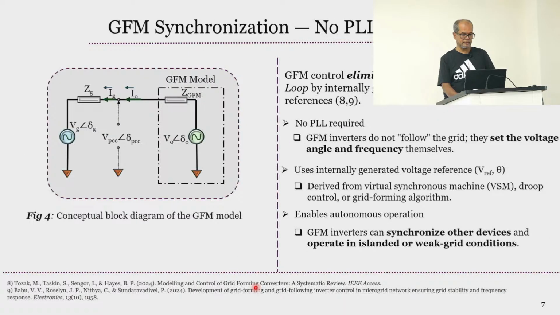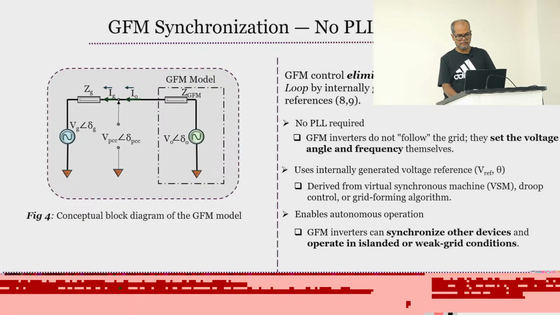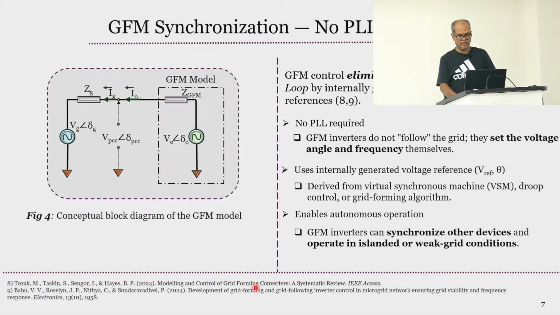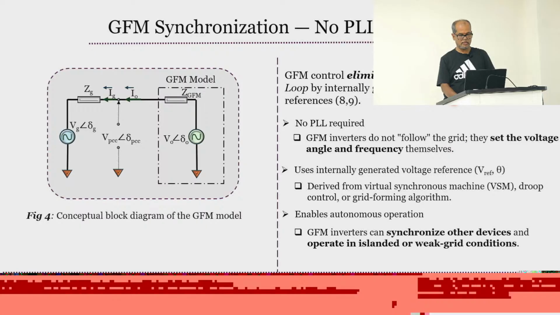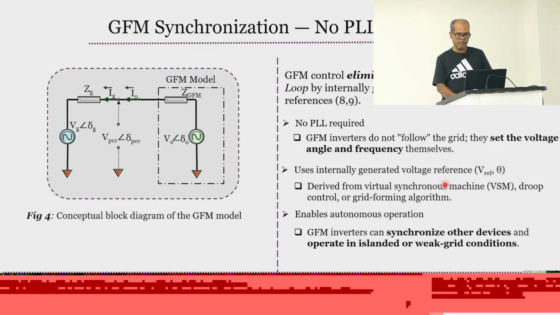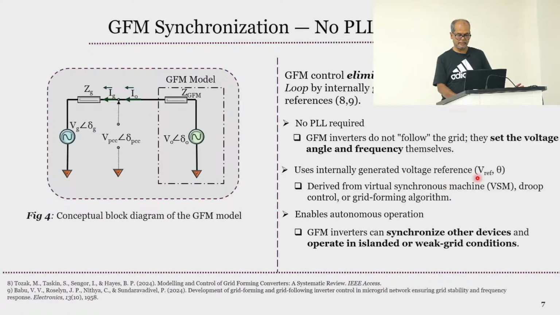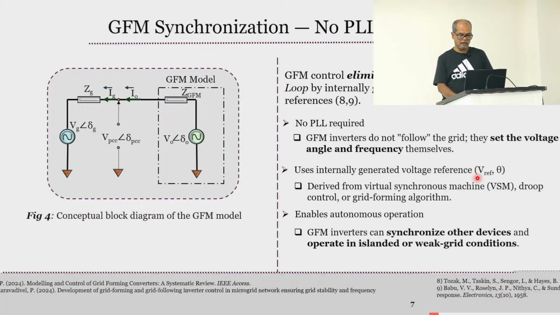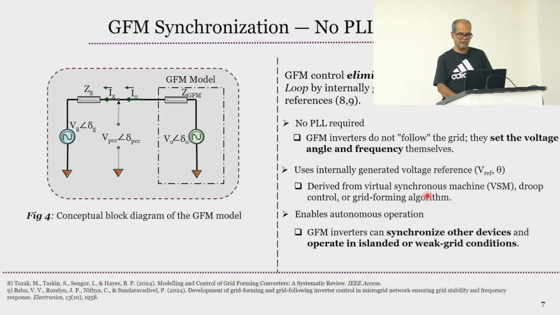That's the main difference with the previous cases. That slide we probably already covered. No PLL required for synchronization. It internally generates the voltage reference, derived from the virtual synchronous machine and the grid forming algorithm.